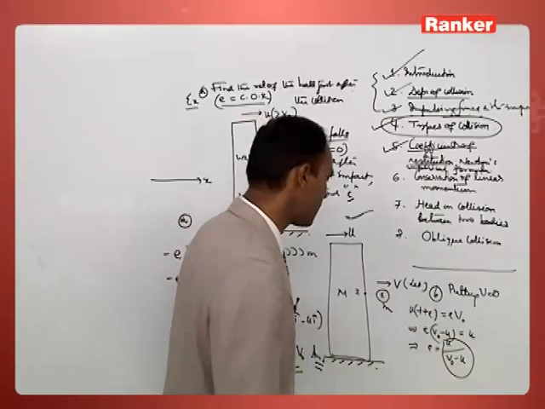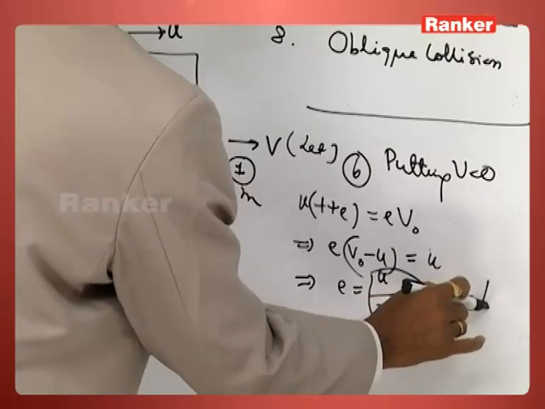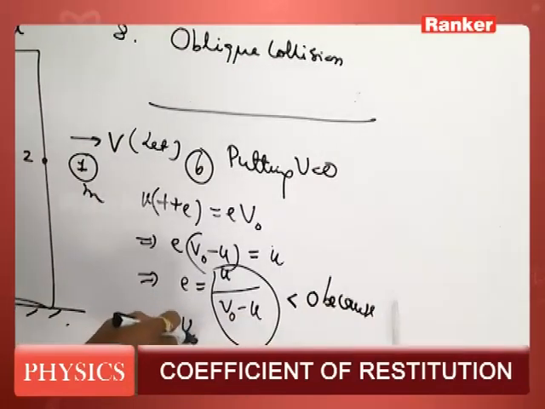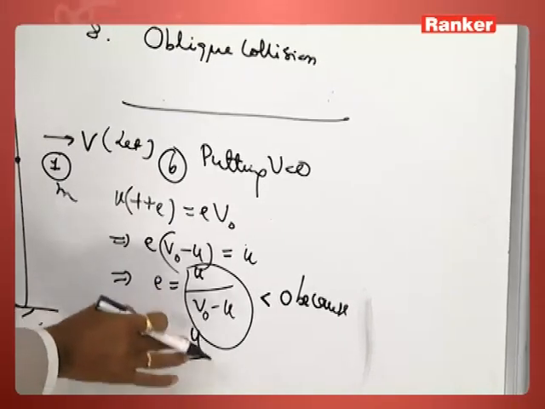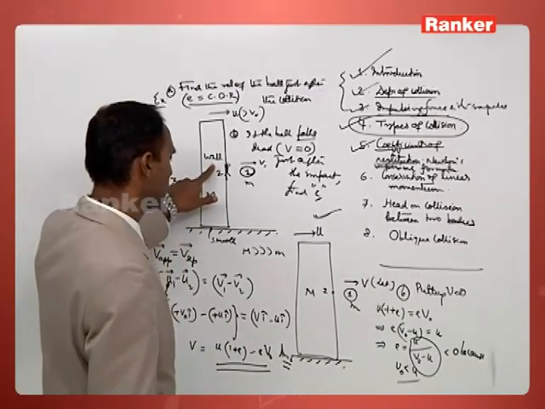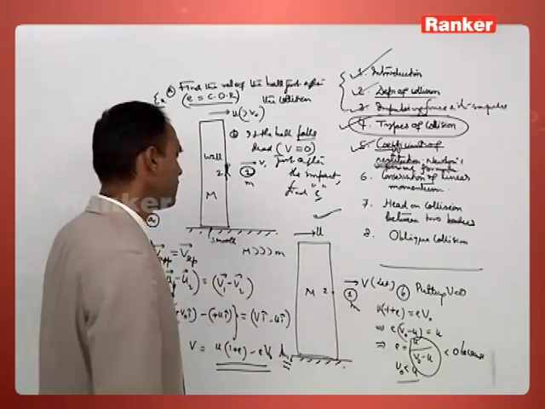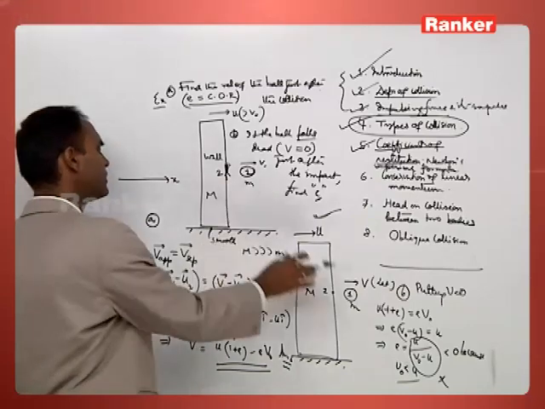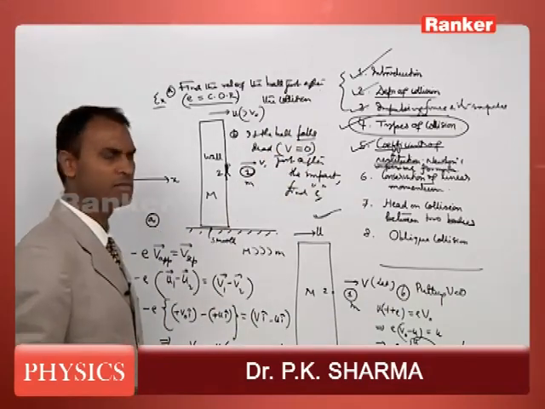So this term is always less than 0 because v naught is less than u. So u is greater than v naught. Therefore, this becomes negative, which is discarded. Physically, this situation will never arise. So the ball cannot fall dead just after the impact in this case.